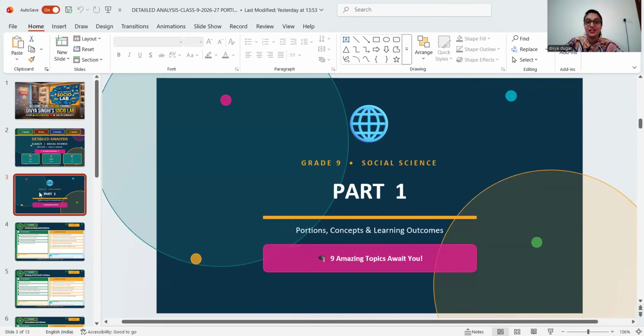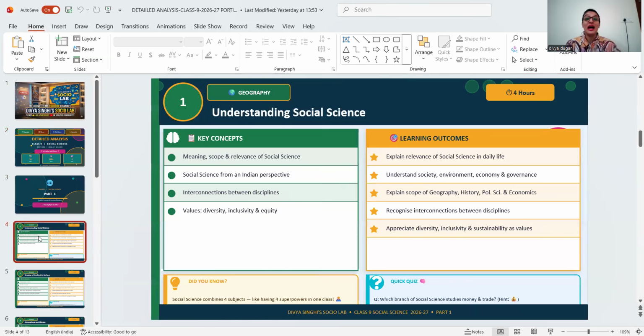Okay, let's start with the first chapter, understanding social science. Children, actually we are learning history, geography, civics and economics. In your previous 4 books of class 9th, the scope of history, geography, civics and economics was not there.